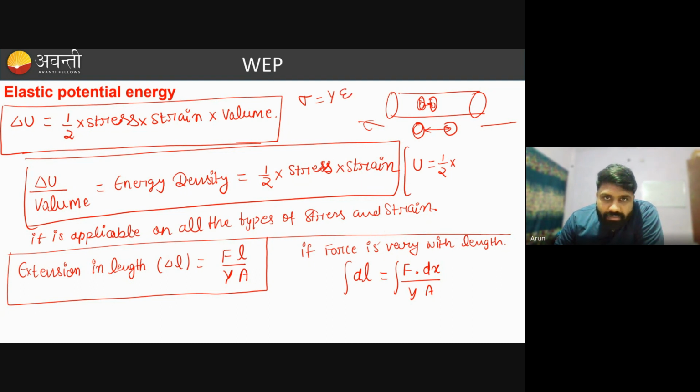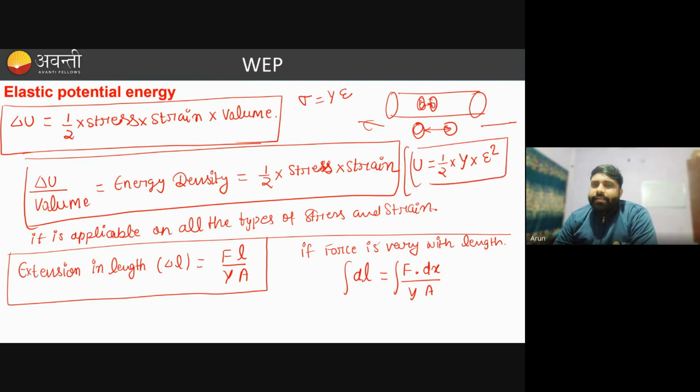So if you put the value of stress in terms of strain, it becomes 1/2 times Y times epsilon square. This you can also apply.